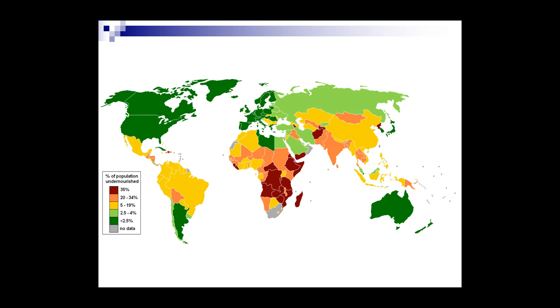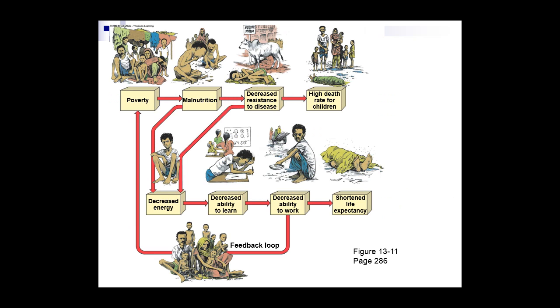So why is food distribution a problem? Well, even in America, this is the poverty cycle. If you live in poverty, you cannot afford food, or you can only afford junk food, like McDonald's. As a result, you end up undernourished or malnourished. If you're undernourished or malnourished, you're susceptible to disease, which means that you'll probably die. Kind of sucks. If you don't die, then you don't have any energy.